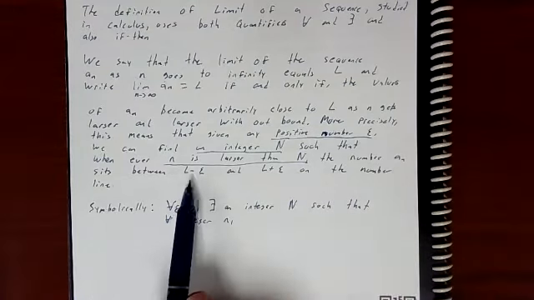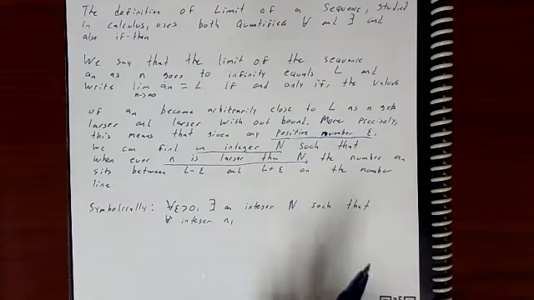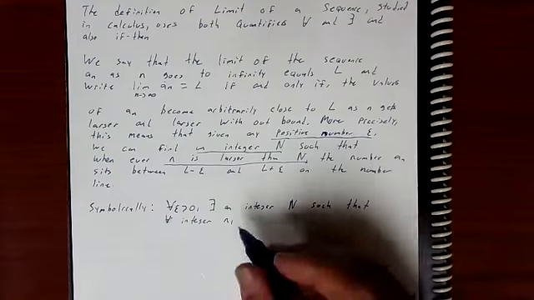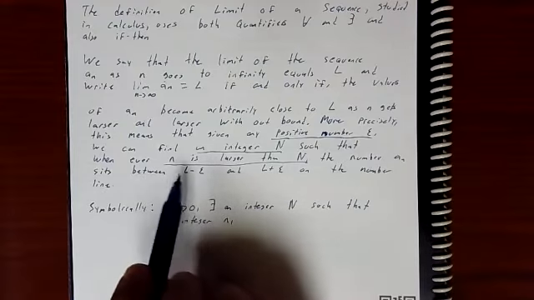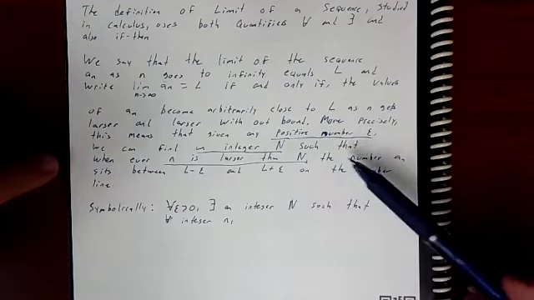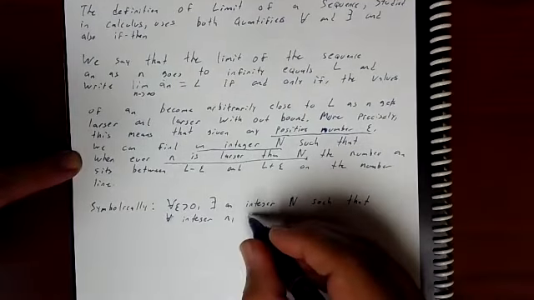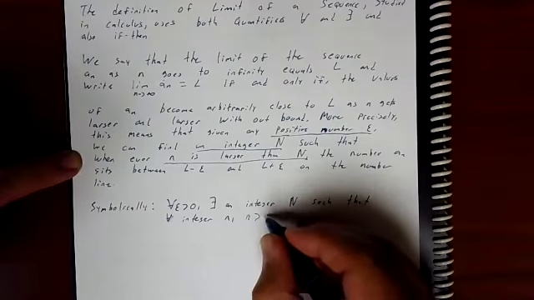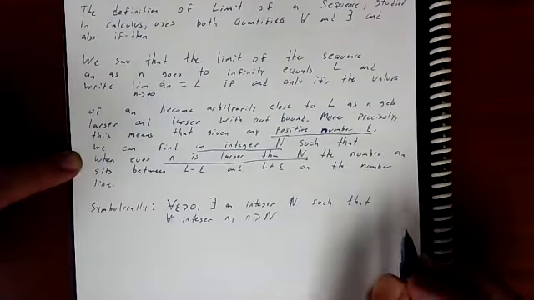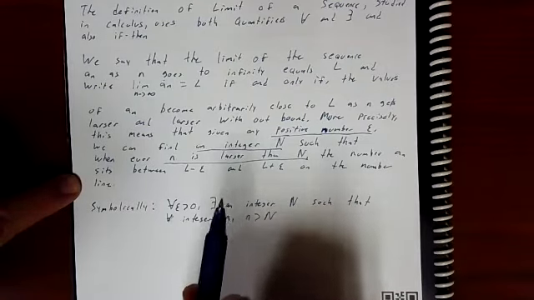The number a_n sits between L minus epsilon and L plus epsilon on the number line. Gotta be careful here: for all n larger than N, so I need to make sure I mention that, n is larger than N. And then do the next piece. If-then, right?